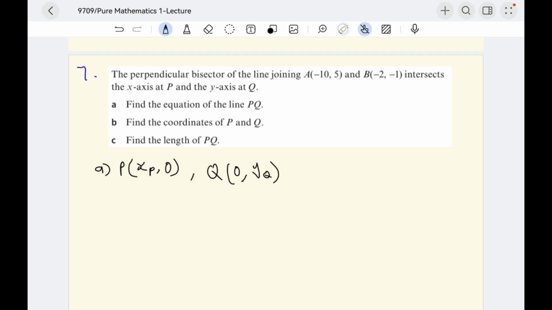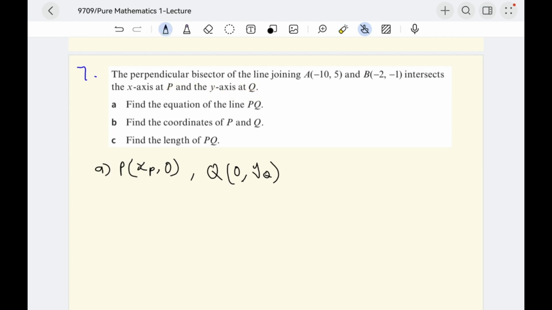Given that the line PQ intersects AB at the midpoint of AB, because it says the perpendicular bisector of the line, where the line refers to AB. A bisector means the perpendicular line which passes through the midpoint of the original line.